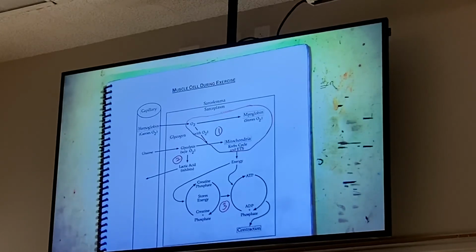And the dephosphorylation of creatinine phosphate is 3. That's more like the order with which you learned it, right? We covered aerobic respiration, anaerobic respiration at the same time, and then now the creatinine phosphate.